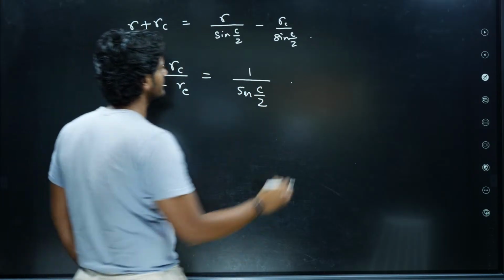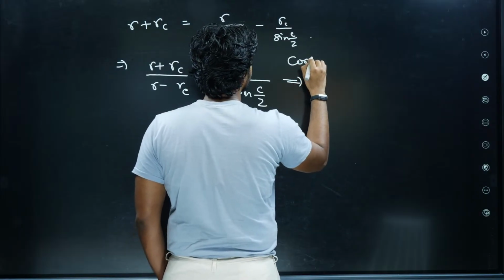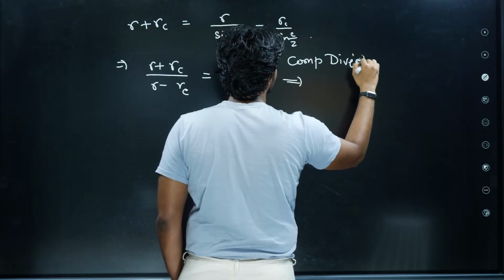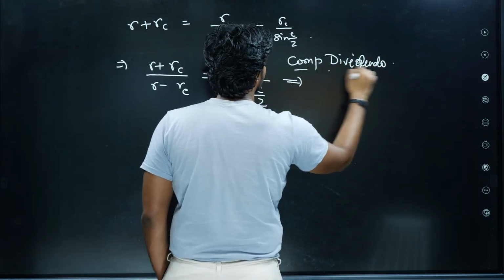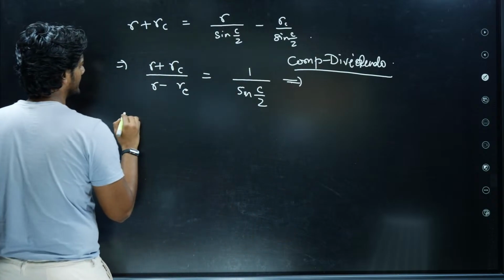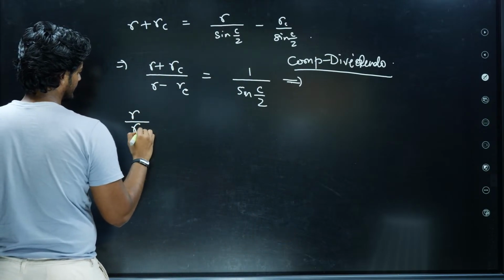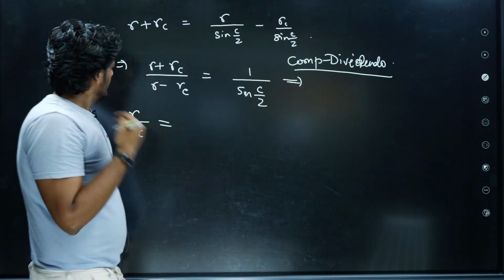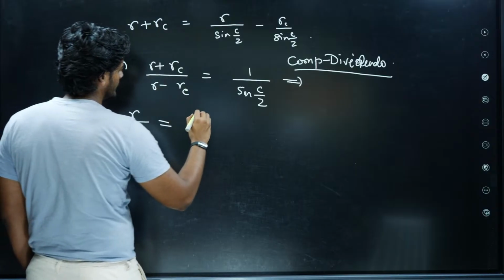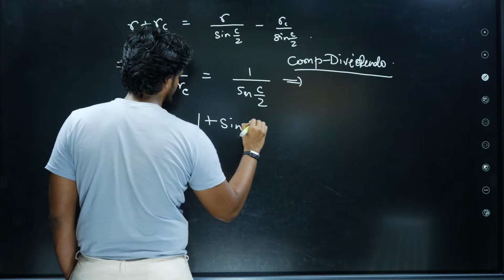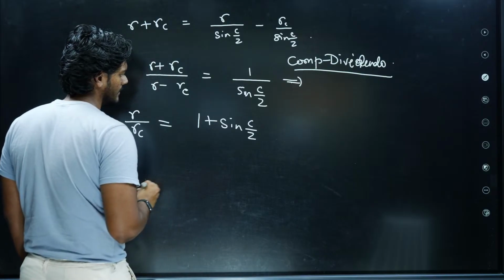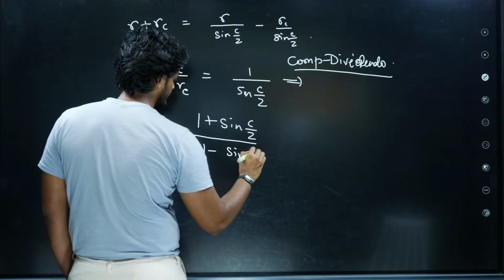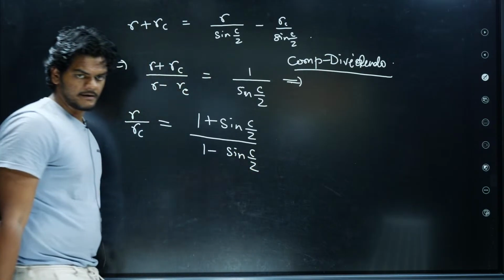So what do we do from here? We use componendo dividendo. So what do we get? R by RC is equal to, adding those two, 1 plus sine C by 2 by 1 minus sine C by 2.